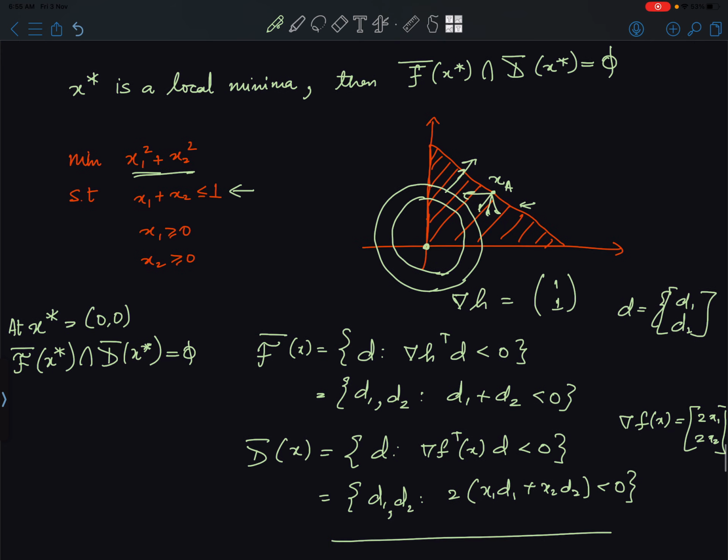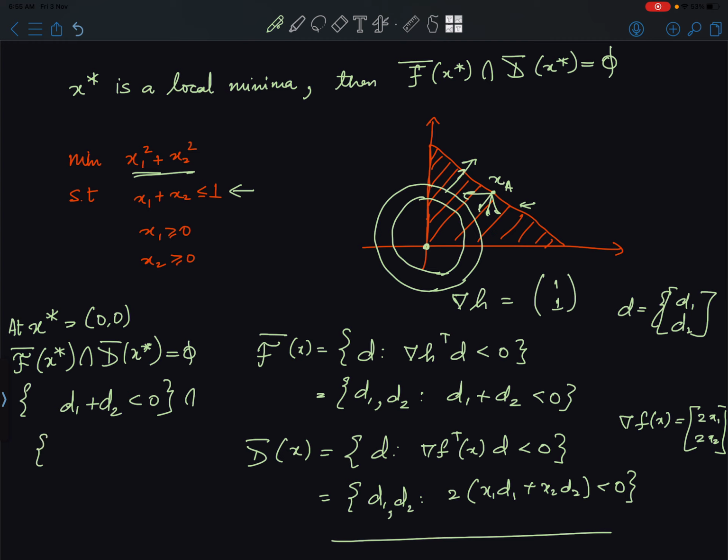again, my feasible direction does not really depend on x, so it'll look like d1 plus d2 less than 0, a set of all d1, d2 which satisfy this.